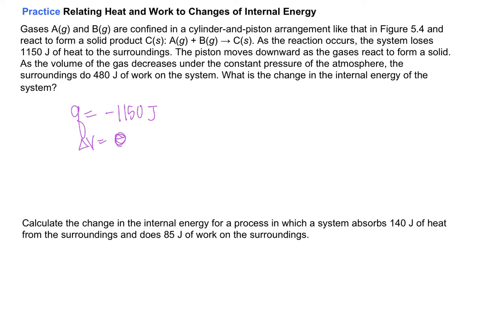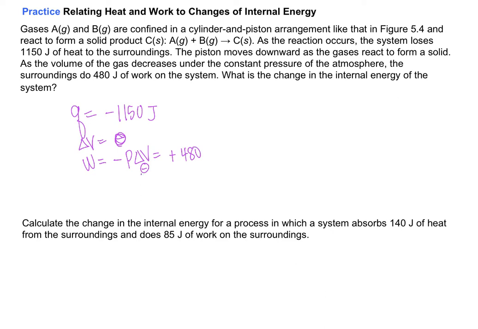As the volume of the gas decreases under constant pressure of the atmosphere, the surroundings do 480 joules of work. So we know work is 480. We know it's negative P delta V. Now delta V was negative, and we have that negative up front, so the work should be positive 480.